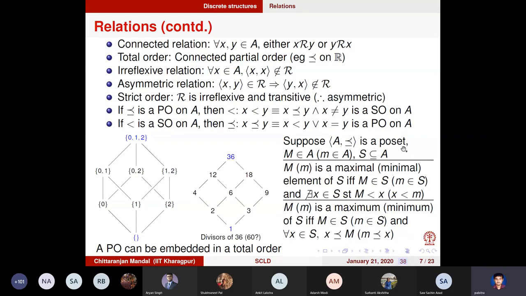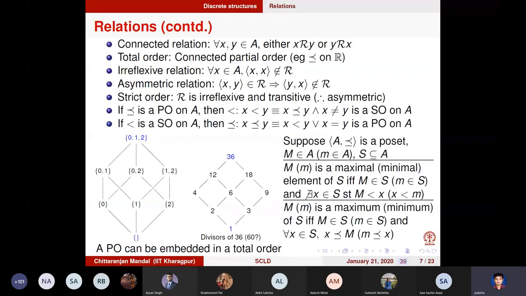You can think of this entire diagram as a poset. It consists of the set A, which is all these nodes taken together, and the relations between them, which is all the edges which connect up the nodes. So this entire picture is that of a poset. You can represent posets by this kind of Hasse diagram.